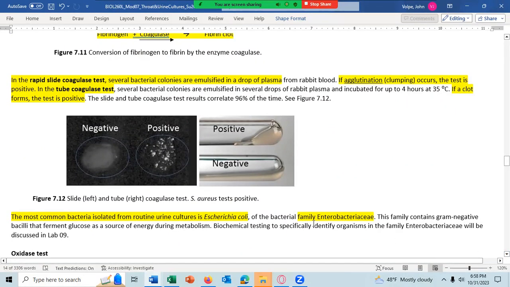There are two tests: the rapid slide test, where you look for clumping of the plasma on the slide because the coagulase creates the clumping, or the tube test, where the coagulase causes the plasma to clot. If it's a negative coagulase, the plasma will stay liquid.